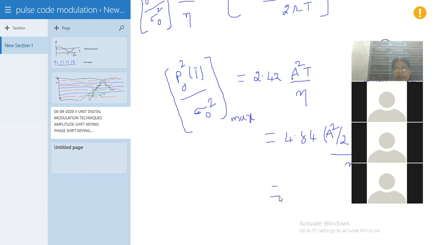Then simply here we can write 4.84 ES. So A squared by 2 T, that is nothing but ES. ES by eta. So like this. So this is P naught square T by sigma naught square.